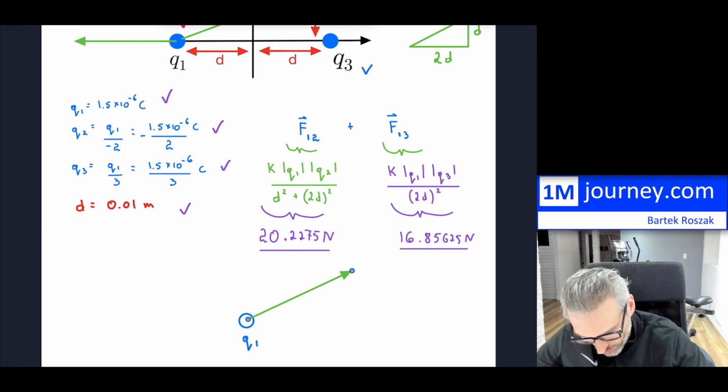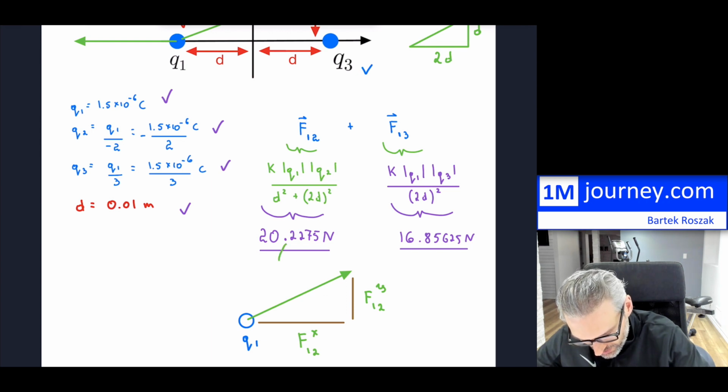To find out, let's break it down into its x component and its y component right there. So we're going to have both F12 with respect to x, and F12 with respect to y. We know this is that value right there.